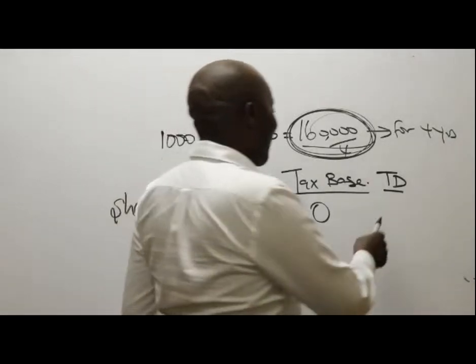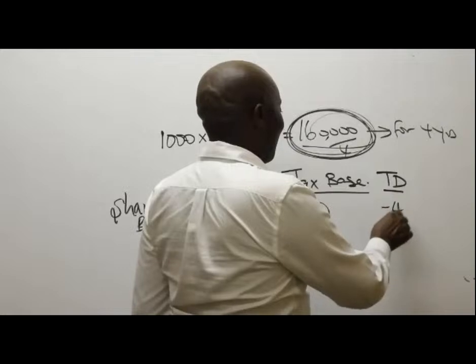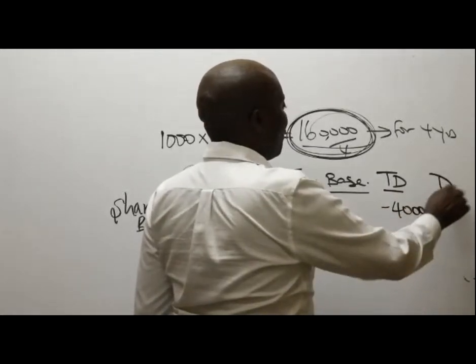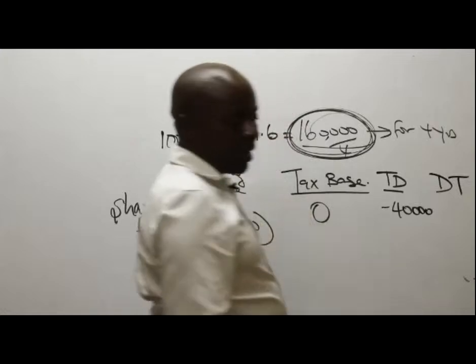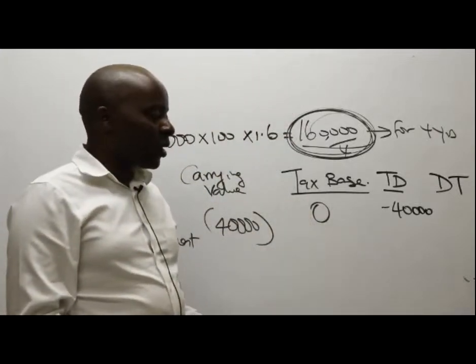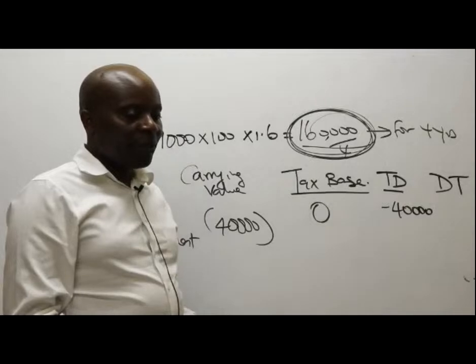I'm being told it's minus 40,000. So please give me the deferred tax, asset or liability.